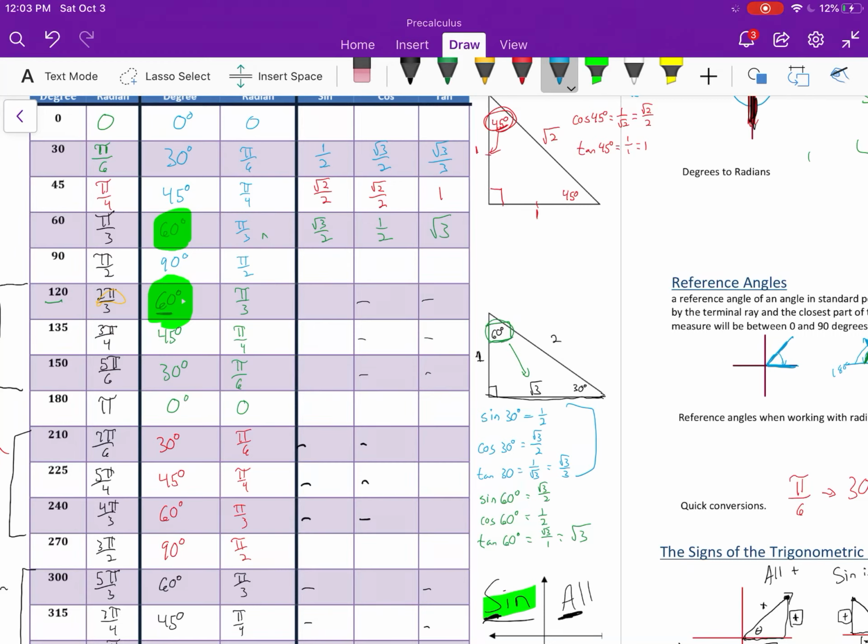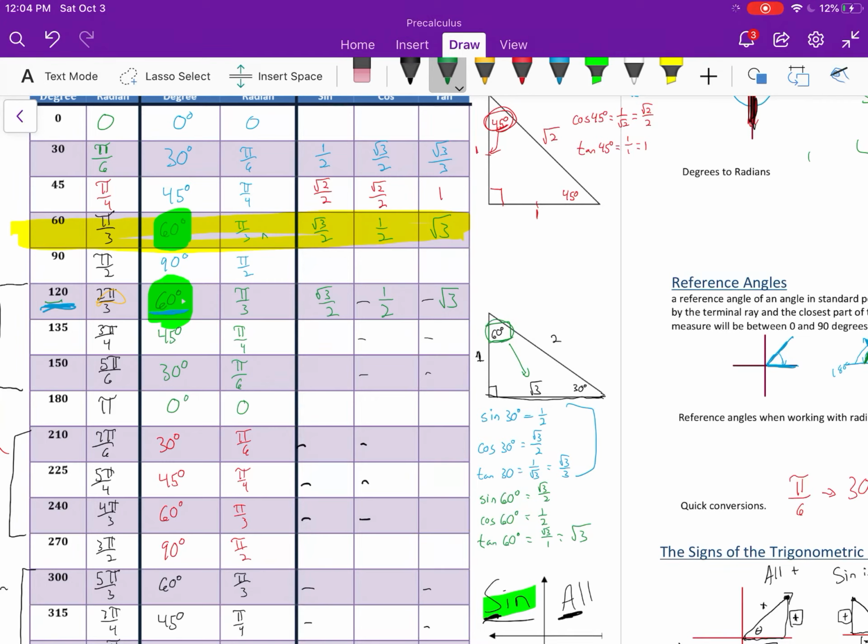As we look at 120, reference angle of 60, we can refer back to our 60-degree row here. So its sine is √3/2. Cosine of 60 is 1/2, but since we're in the second quadrant, cosine is negative, so it's -1/2. And similarly, tangent is -√3.